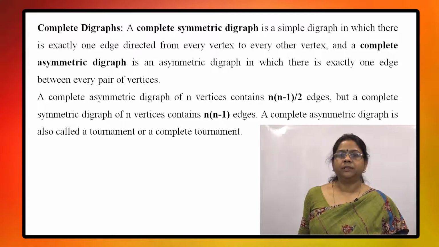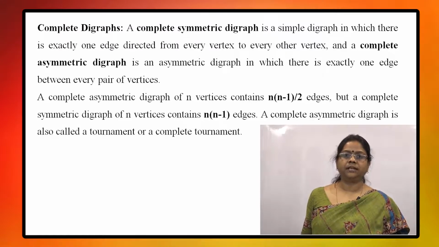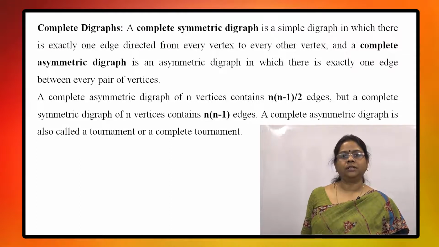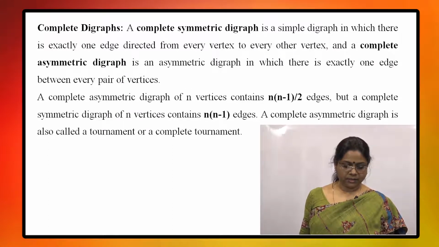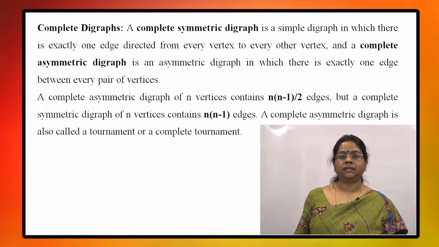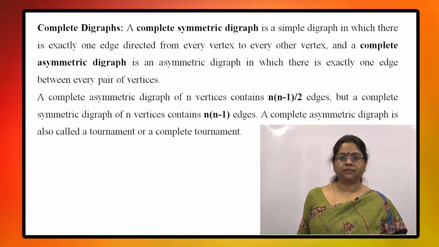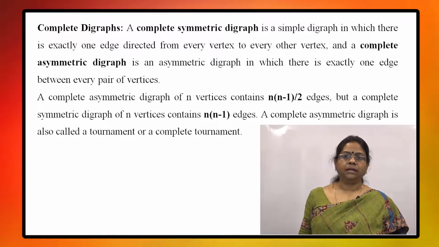So, in a complete symmetric digraph of n vertices, we can have n into n minus 1 edges. This complete asymmetric digraph is also called a tournament or a complete tournament, because in this representation of a digraph, we can see a number of teams playing games like football.